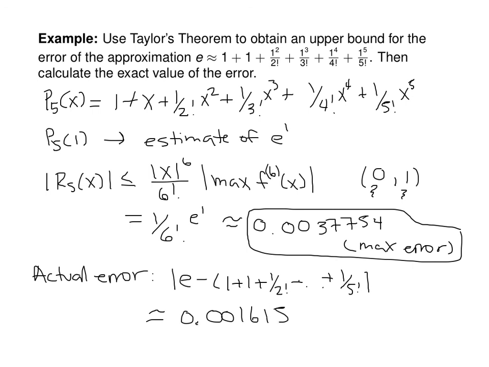So as you can see, this should make sense. This first number we found is the maximum possible error, as in the absolute worst case scenario. So the actual error should be less than or equal to that, and it was. So this was about 2 1/1000ths less.